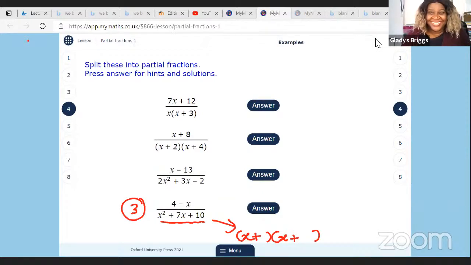Okay. Well done, Reem. Okay, keep going.